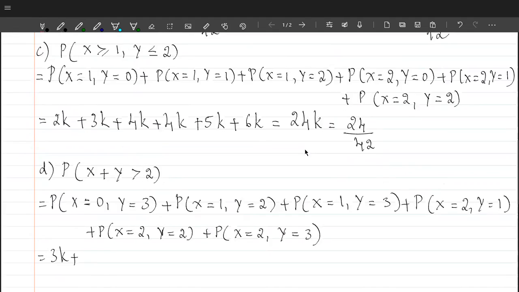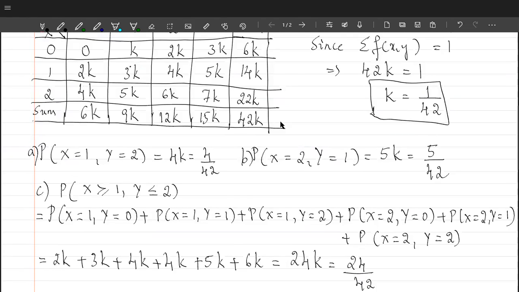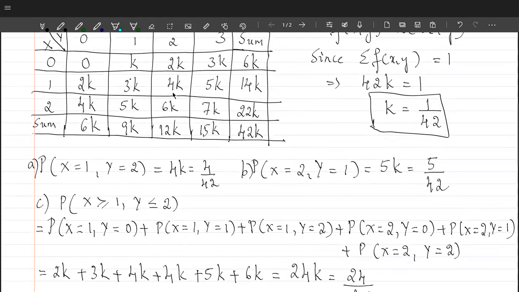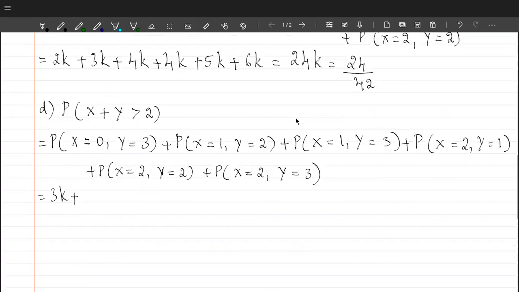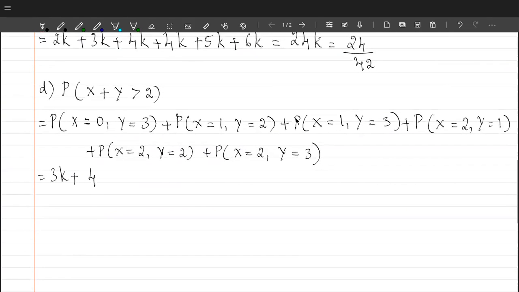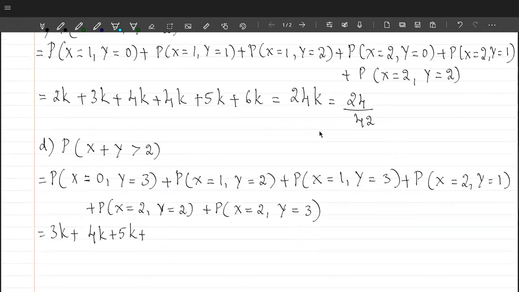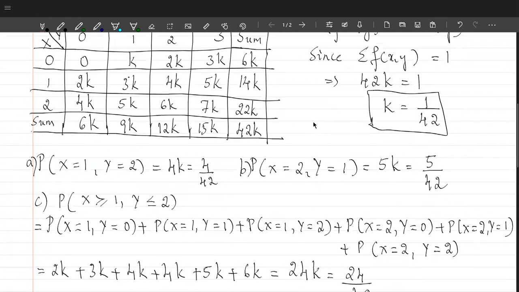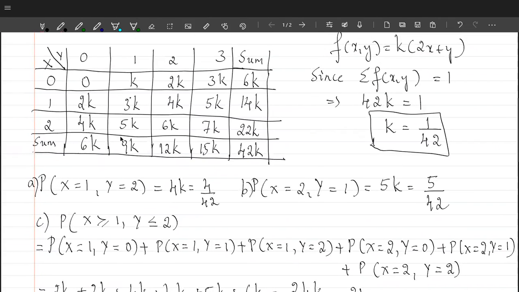Plus next one, 1, 2. For 1, 2, the answer here is 4k, and for the next one it is 5k. So I get 4k plus 5k. Next after that I have 2, 1. For 2, 1 the answer is 5k.